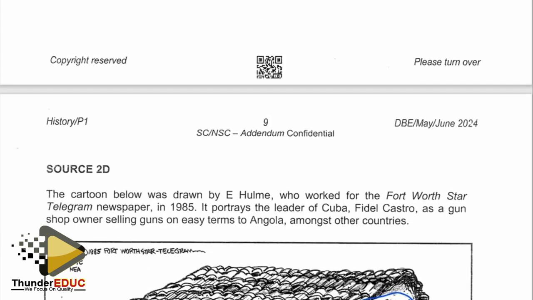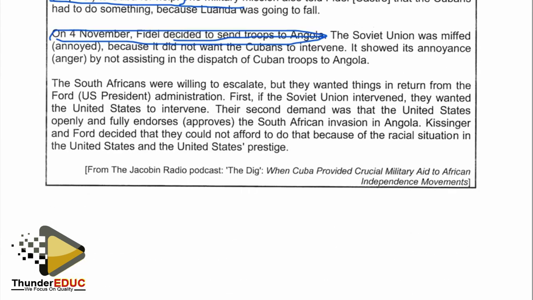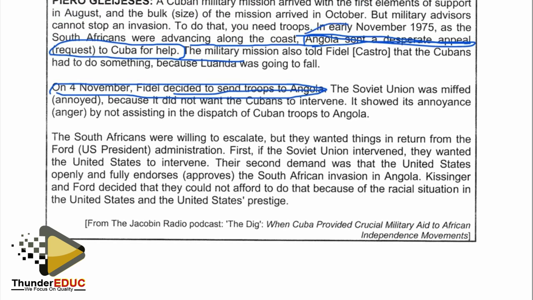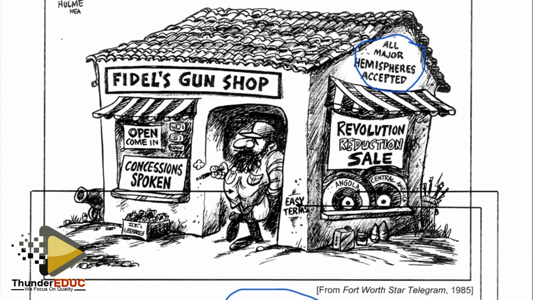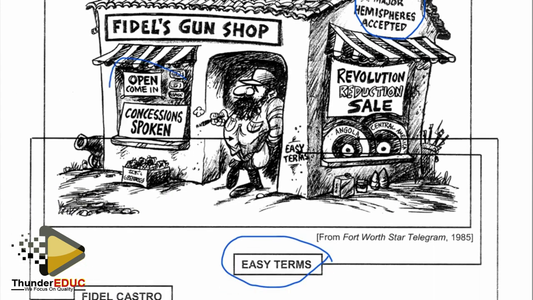Or we can also check that Angola sent a desperate request here for help. We can also use this. Angola sent a desperate appeal for help to Cuba, and this is supported by the label on the shop which says open, come in.